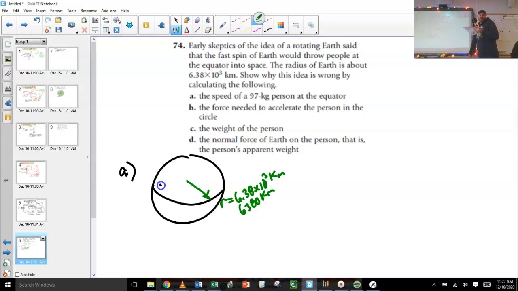A really great story is how did they figure that out? There was a guy a long time ago in ancient Greece. His name was Eratosthenes. He was a librarian at the Great Library of Alexandria. On the solstice, when the sun is highest in the sky, it's exactly above the equator.